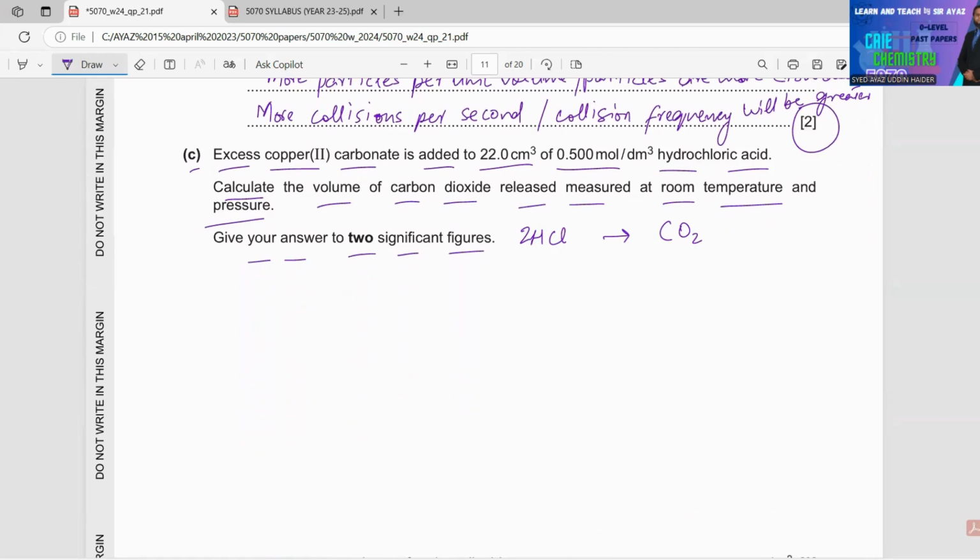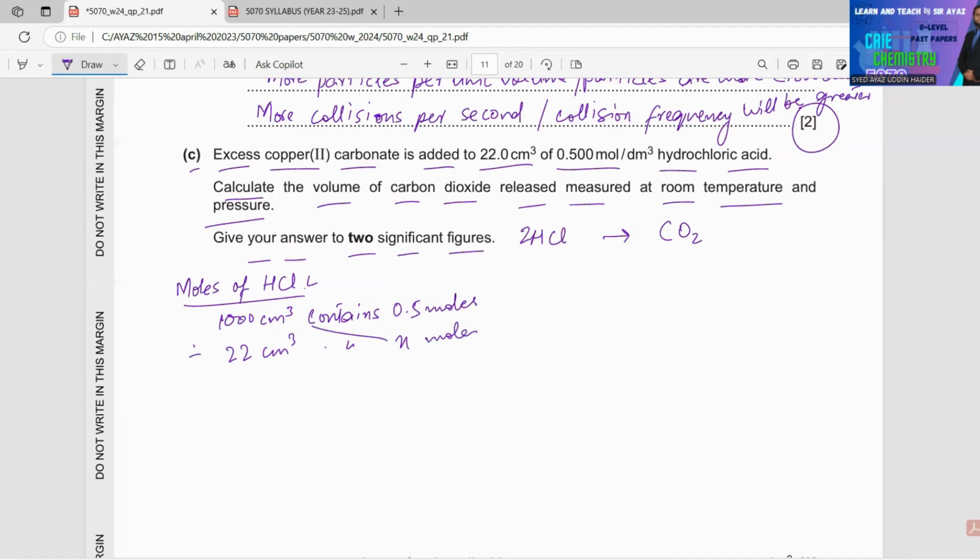So first of all, I will calculate the moles of hydrochloric acid using this information. Moles of HCl. 0.5 mol/dm³ means 1000 cm³ contains 0.5 moles. Therefore, 22 cm³ contains X moles.